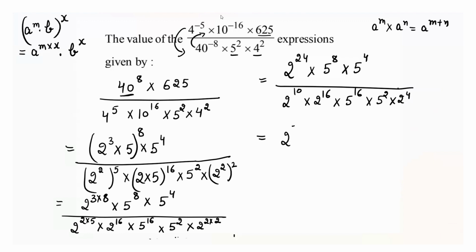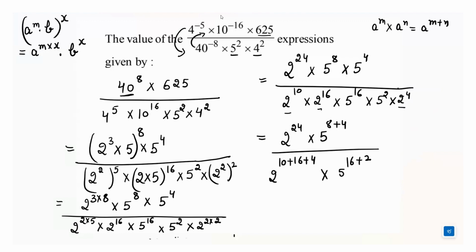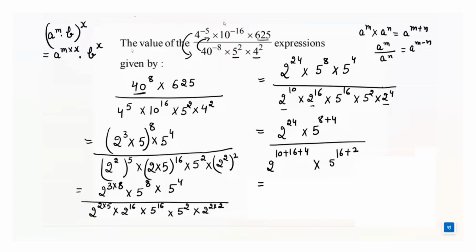So 5 raised to power 8 plus 4, divided by 2 raised to power, and this is also 2 raised to power. So we have to add all the powers together. Then into 5 raised to power 16 plus 2. Now we will get 2 raised to power 24 into 5 raised to power 12 divided by 2 raised to power 30 into 5 raised to power 18.